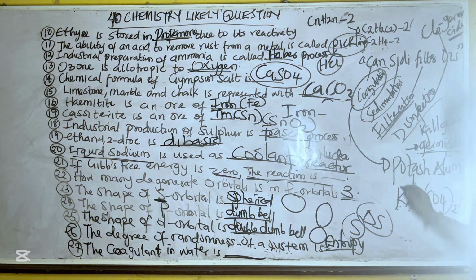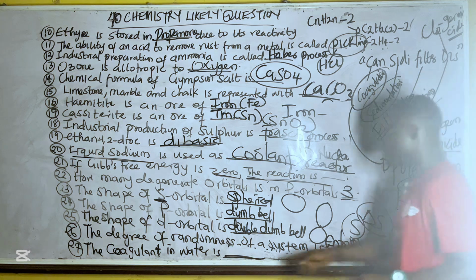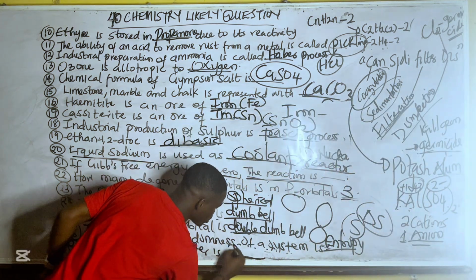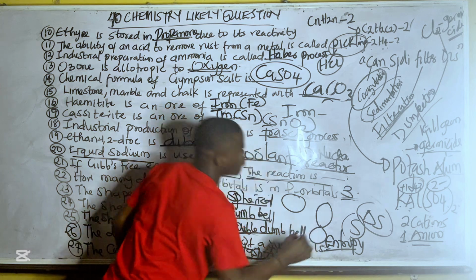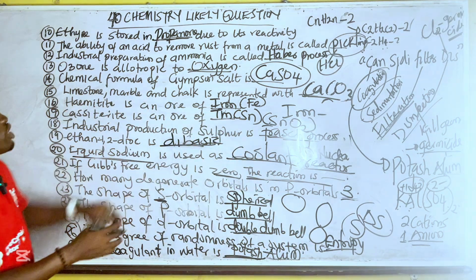Two cations, plus 1 and plus 3, then SO4 2 minus. So 2 cations and 1 anion is the criteria to be a double salt. That's another JAMB question. So the answer to this question is potash alum. Those are just extra things you need to know.